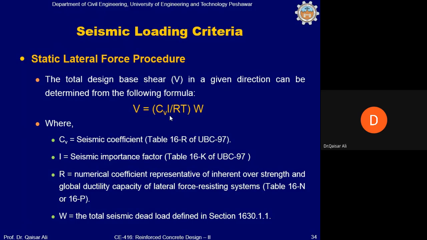So steel structures and reinforced concrete frame structures are good structures with regard to overstrength and global ductility capacity. The damages are very well controlled in these structures. Unlike masonry structures, stone masonry or brick masonry, where the prediction that the building will be damaged and occupants will be safe cannot be made very accurately.